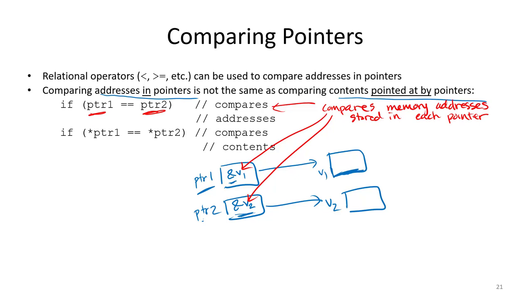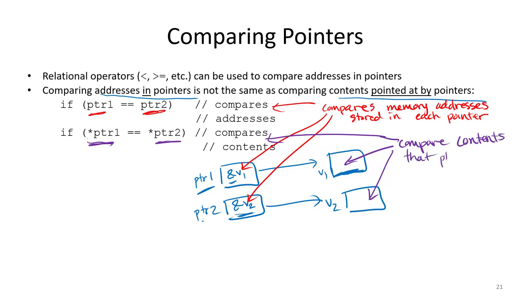And notice the difference where if I have the asterisk, if asterisk PTR1 double equals asterisk PTR2, then that will compare the contents that PTR1 and PTR2 are pointing at. So make sure you pay attention to the asterisk, and if you need, draw a picture to help you notice the difference.